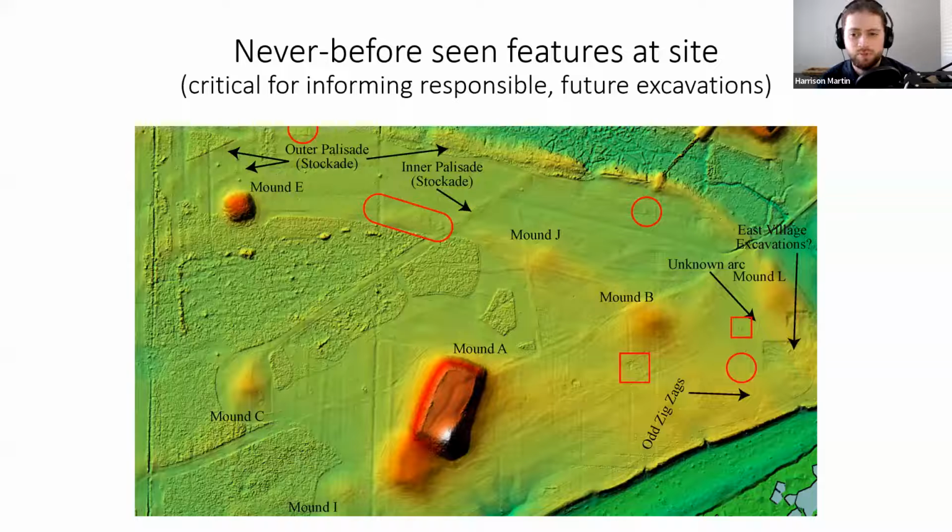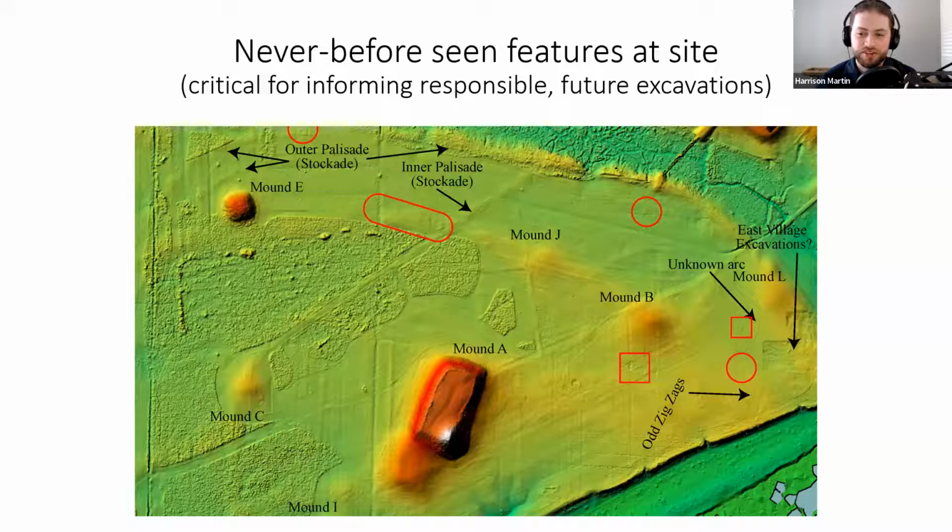Through this, it's essentially a great way to map out where you want to do future work. The folks working here have been able to discover archery towers, stockades, and really interesting stuff about the alignment of these mounds to cosmic stars.